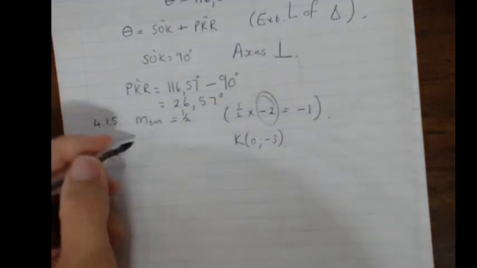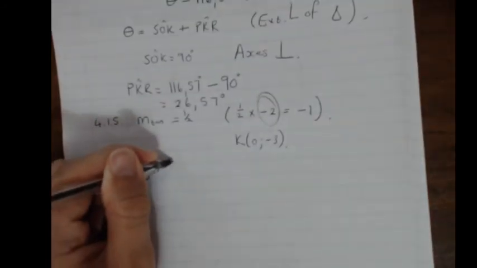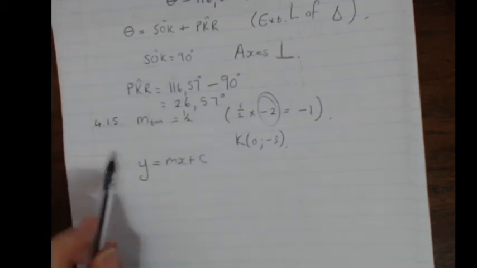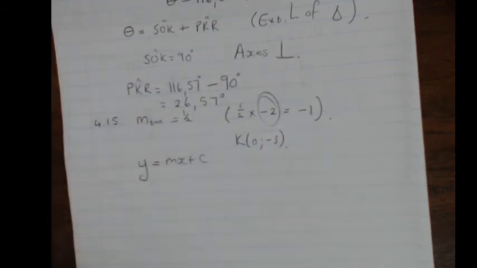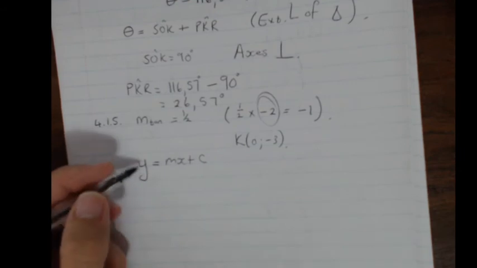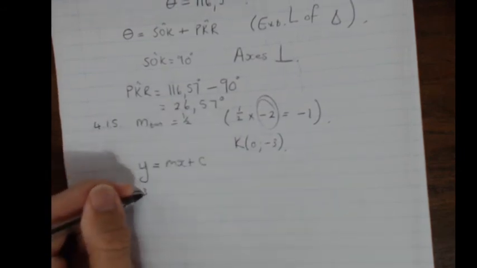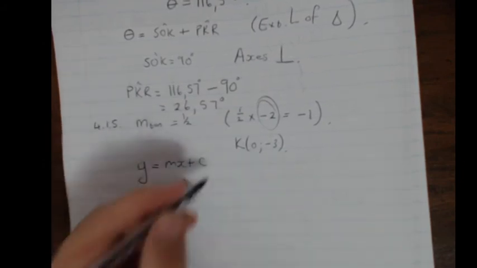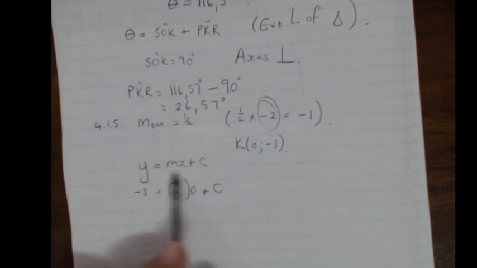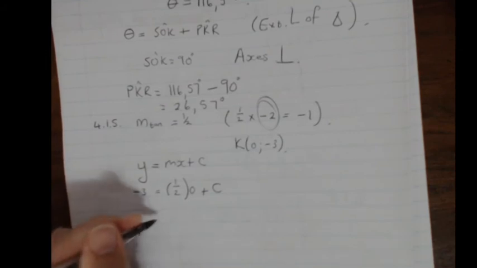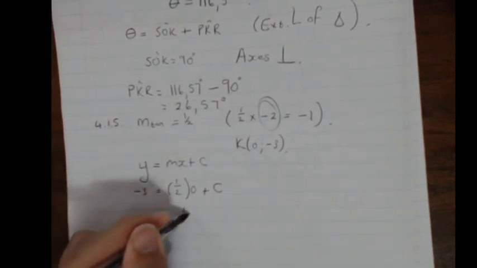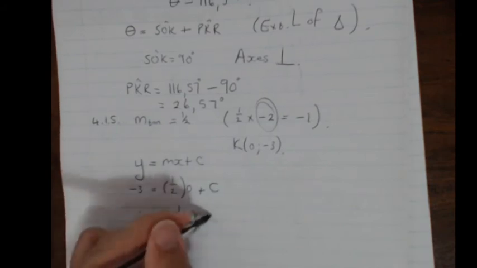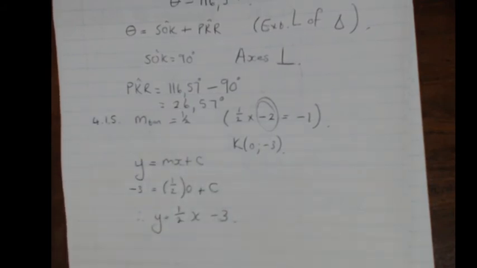On the sketch, I can use either one of y is equal to mx plus c, or the y minus y1 is m times x minus x1 formula. Doesn't matter. y is -3, m is a half, x is 0, plus c, which this becomes entirely 0, making c -3. So this equation is y is equal to m, which is a half x, plus c, which is -3. There's my line equation. Okay.